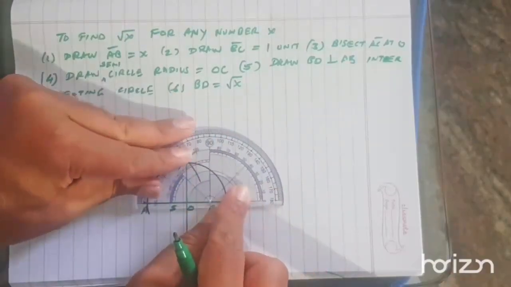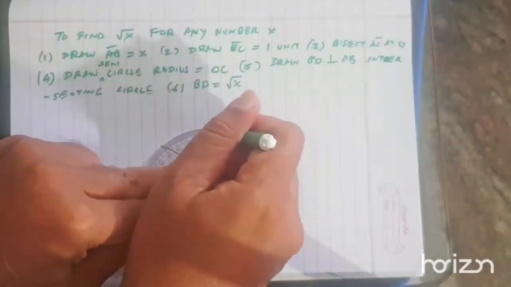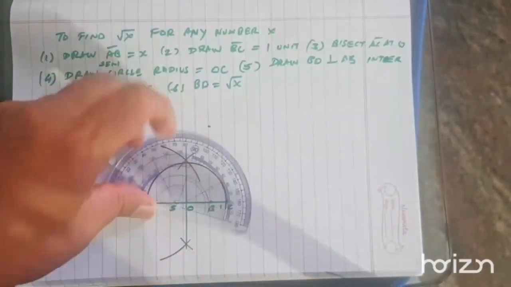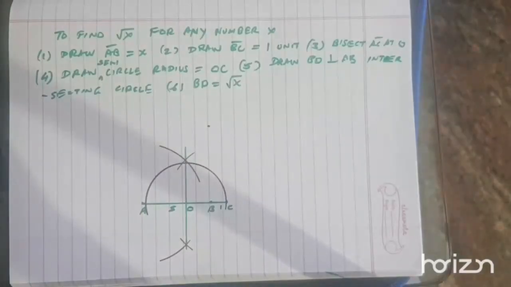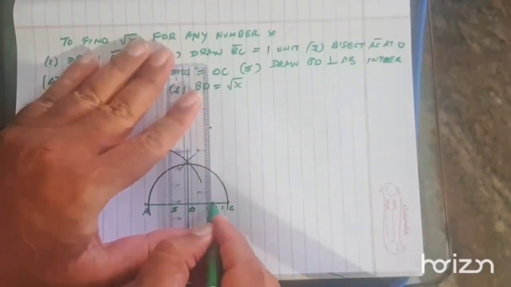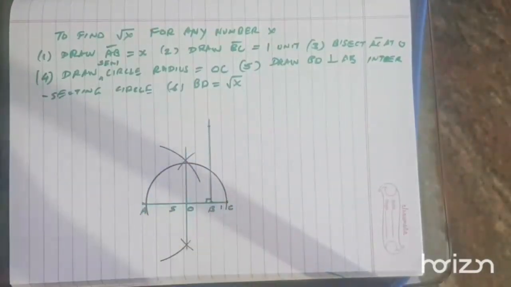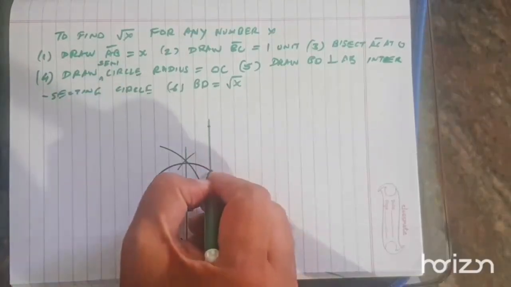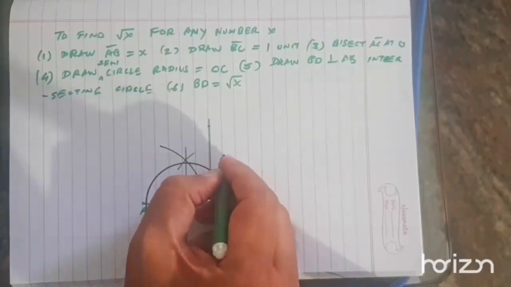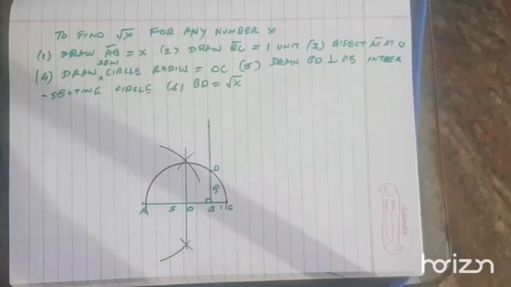We are constructing a 90-degree line there, and when the line intersects with the semicircle, that's where you get square root of AB. So that should be root 4, not root 5. There's a mistake in this video. Wherever you see 5 or root 5, it should be 4 actually.